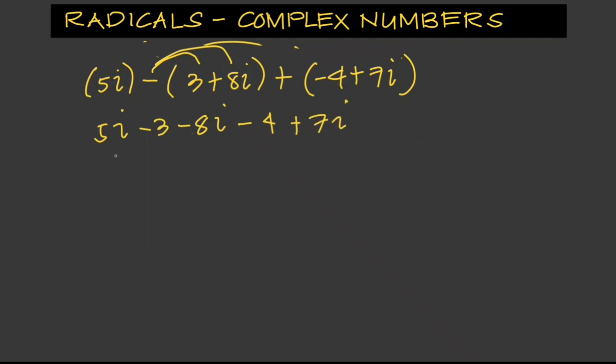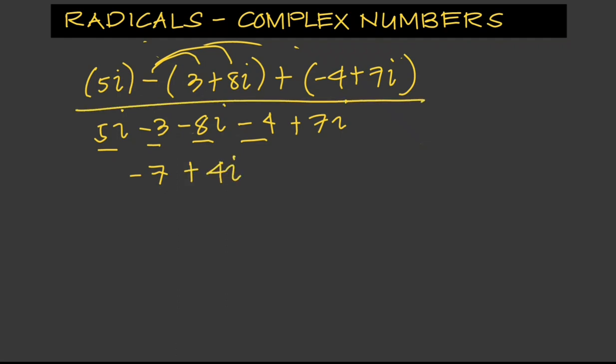And then we group like terms. Negative 3 minus 4 is negative 7, and 5i minus 8i is negative 3i plus 7i, so that is 4i. So this expression is equivalent to -7 + 4i.